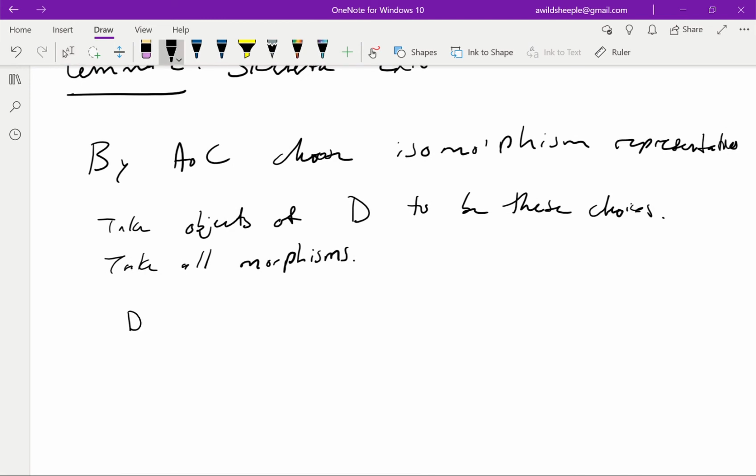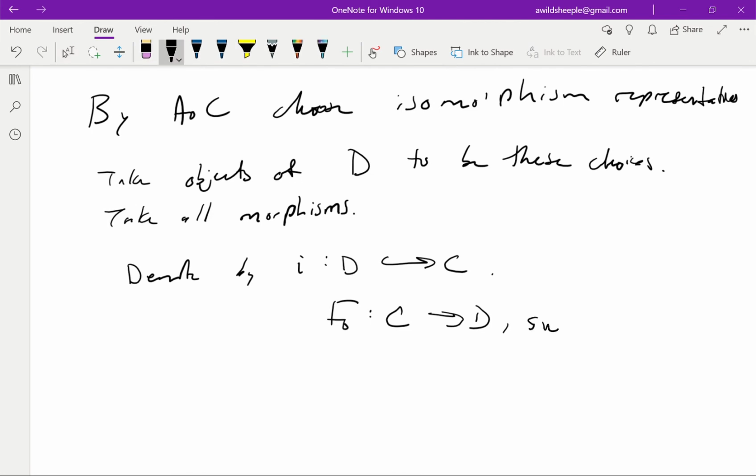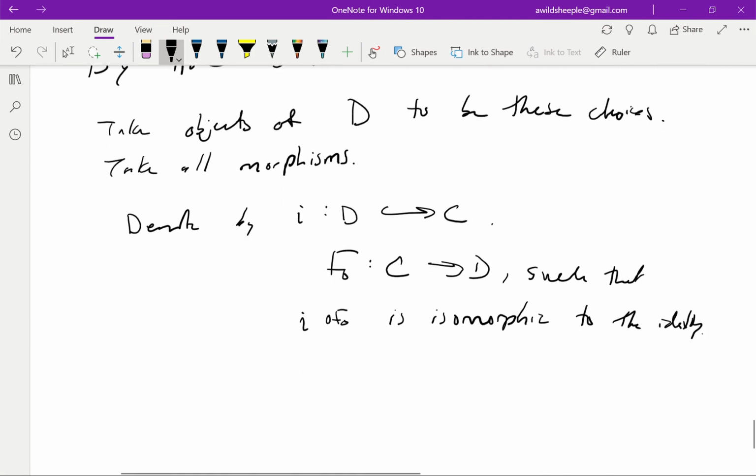What you do is you take the embedding, which we'll call I, from D into C, and we apply the previous lemma to the identity functor. And what this does is produce for us our functor F0, C to D, such that I composed with F0 is isomorphic to the identity. And this gives us the following very simple calculation.